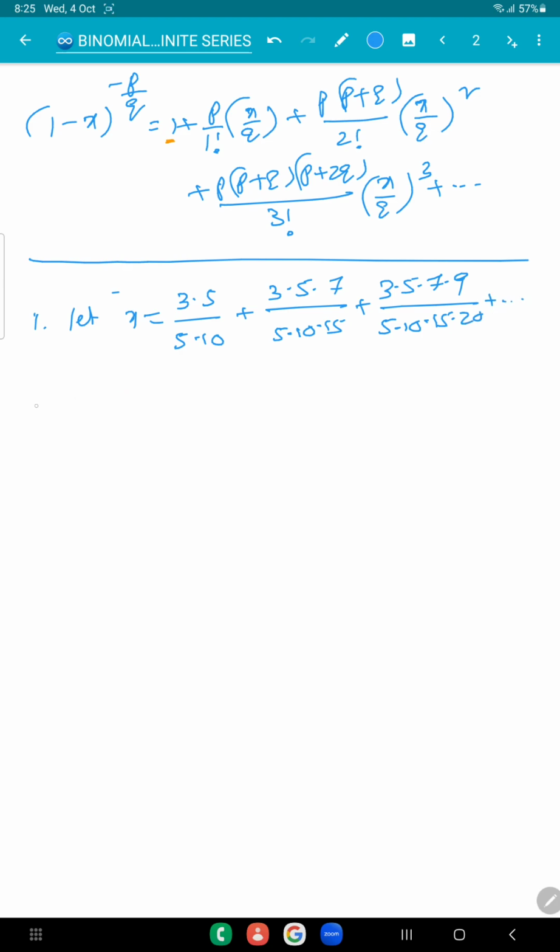Observe that x is equal to 3 into 5 by 5 into 10. I am writing 5 as 5 into 1 and 10 as 5 into 2. So 5 into 5 is 5 square, and 1 into 2 is 2 factorial.